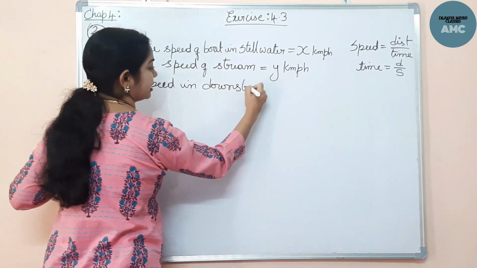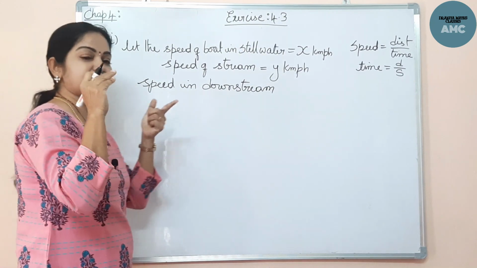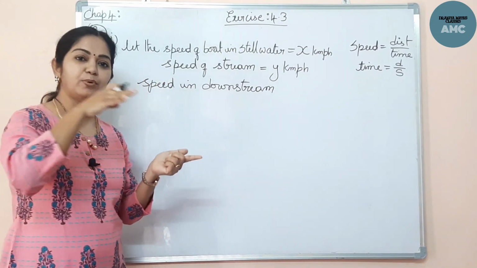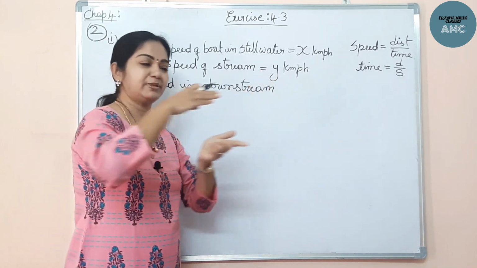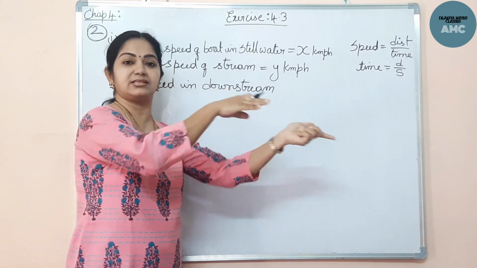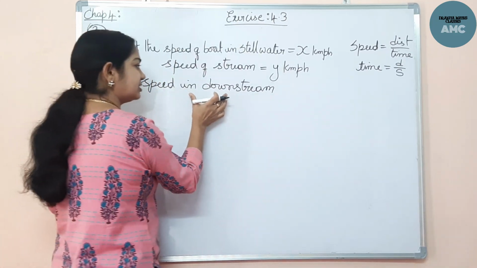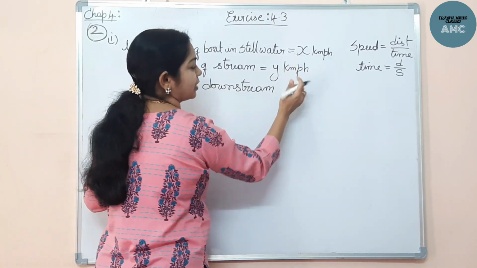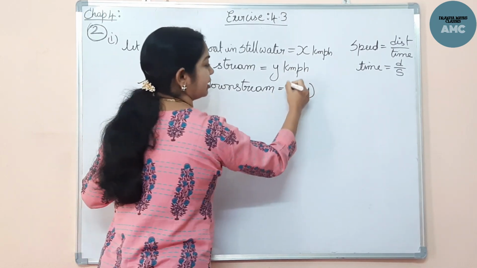Now, you need to understand this downstream and upstream here. See, the downstream speed means the boat as well as the stream are going in one direction. That means they are going down in the same direction. Okay, that is called downstream speed. So this downstream speed comes to x plus y kilometers per hour.